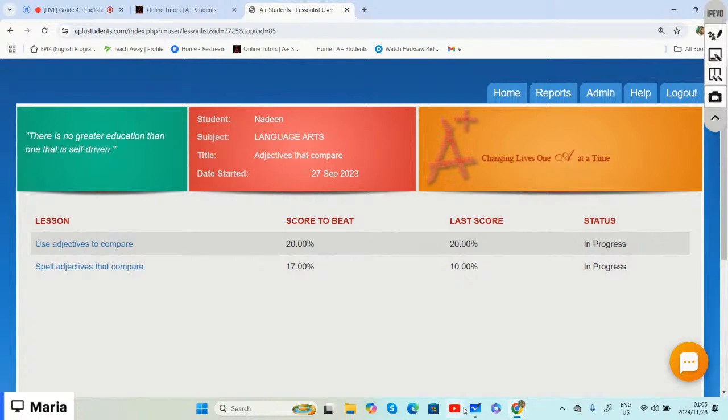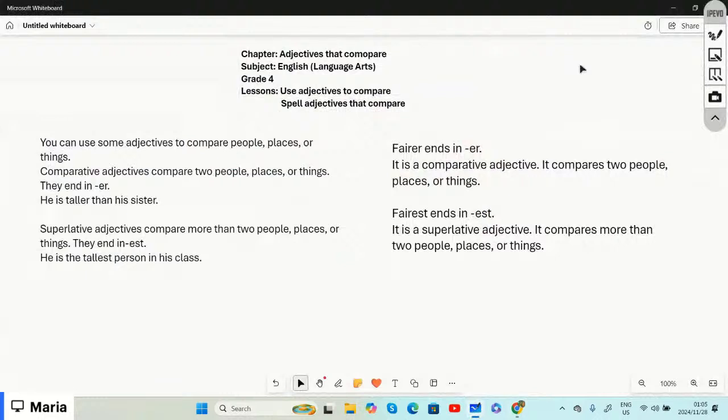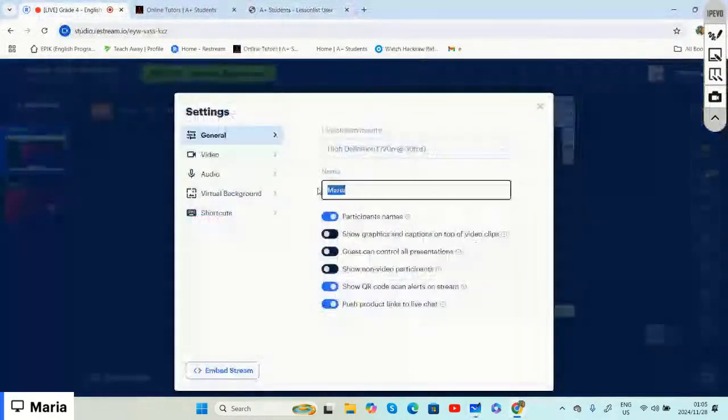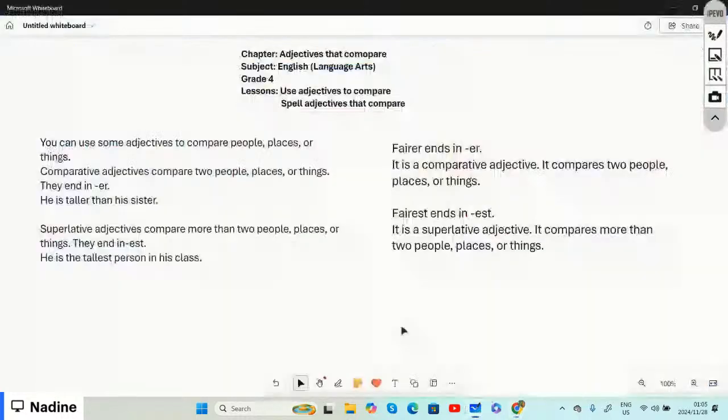All right, so our chapter is adjectives that compare. Our subject is English language arts. We're doing grade 4.